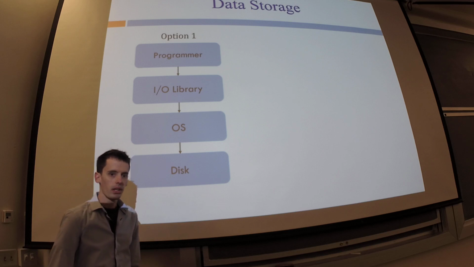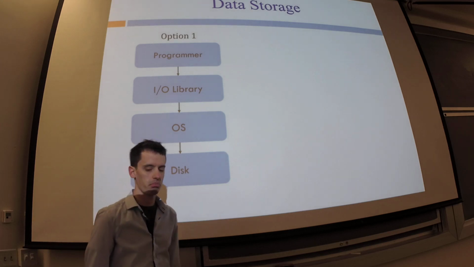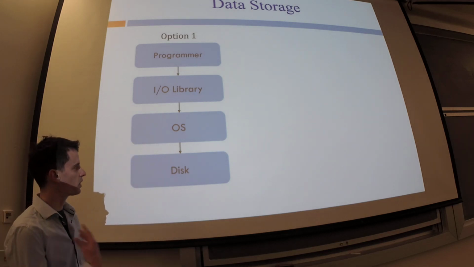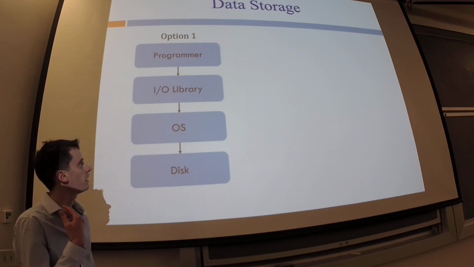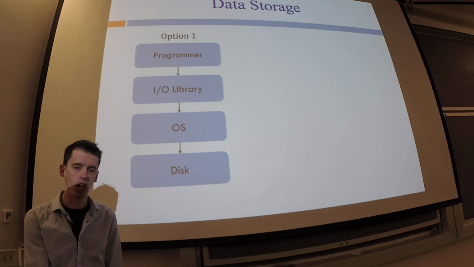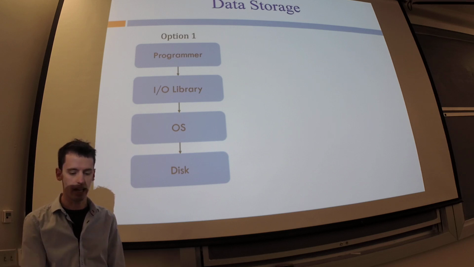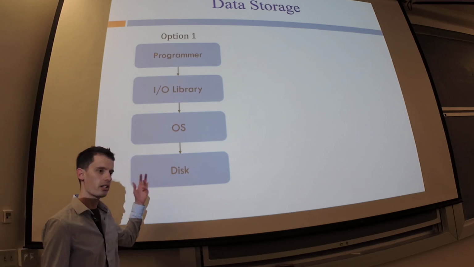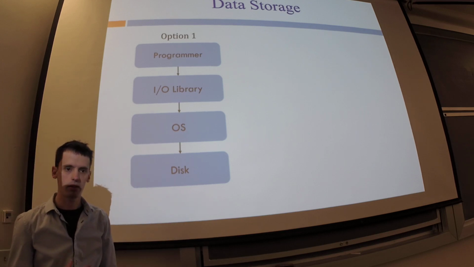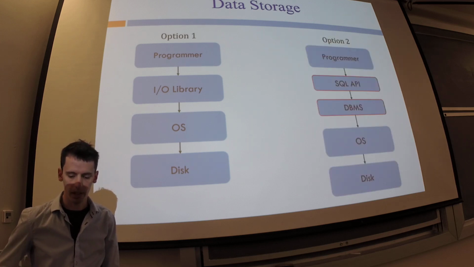Okay. So, just reiterating, with option one, as a 1410 or 2420 level programmer, you would write some Java program. The Java program uses the I/O library, and then the I/O library goes to the OS, which goes to the disk and saves your data in a file.